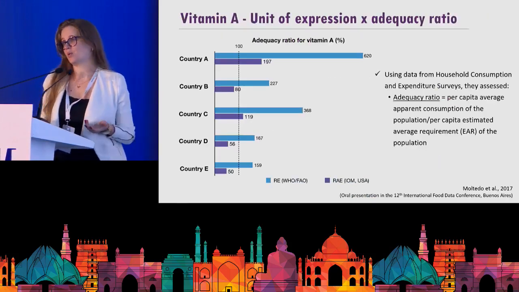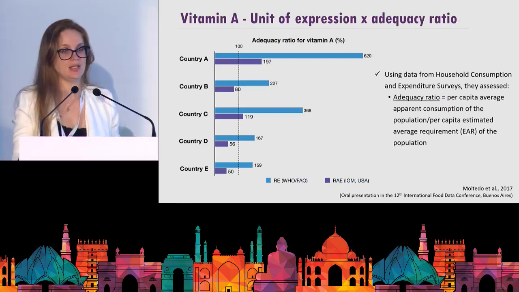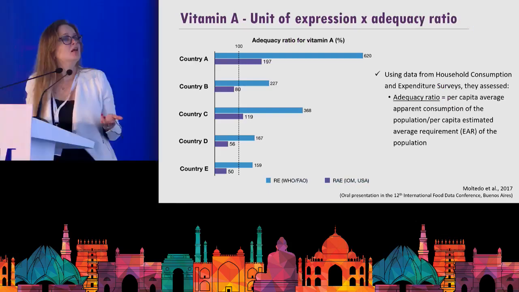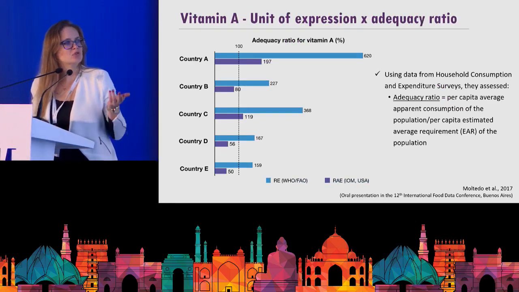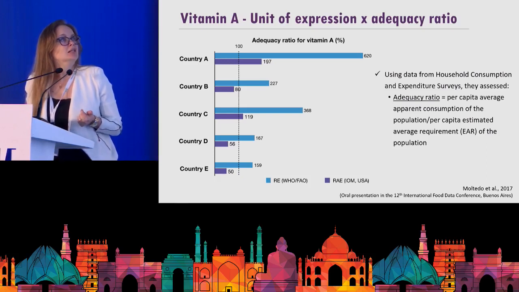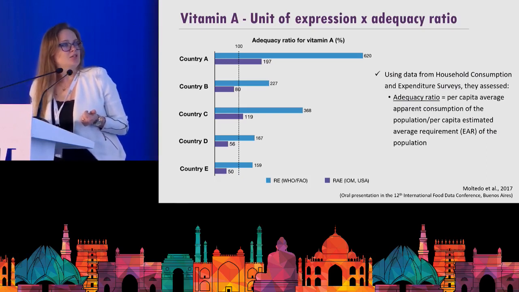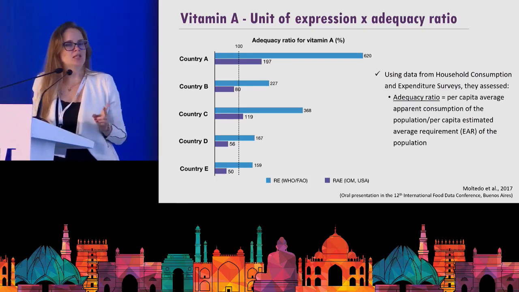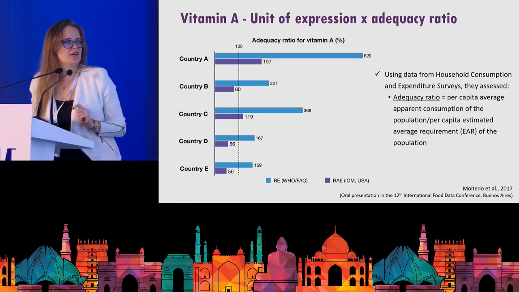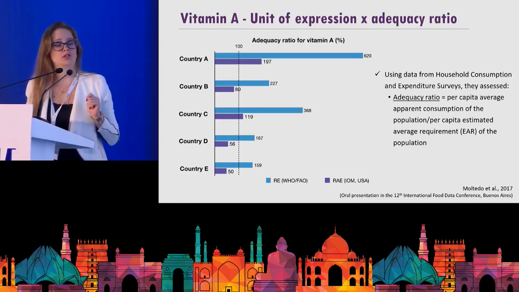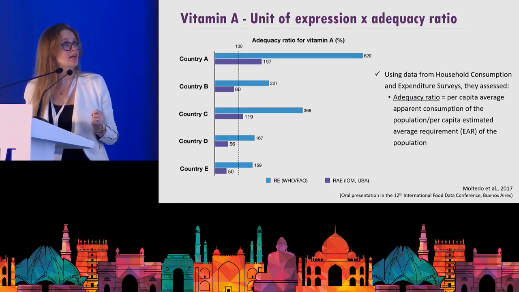And what does it mean when we estimate nutrient intake using the different definitions of vitamin A? So here I have an example. Moltedo and colleagues calculated the adequacy ratio for vitamin A in 5 different countries using the 2 definitions for vitamin A based on household consumption and expenditure surveys.